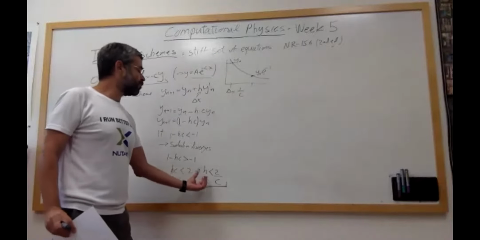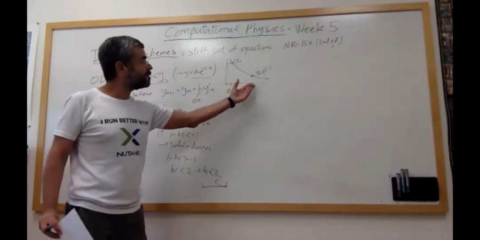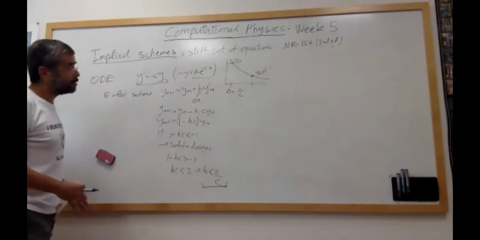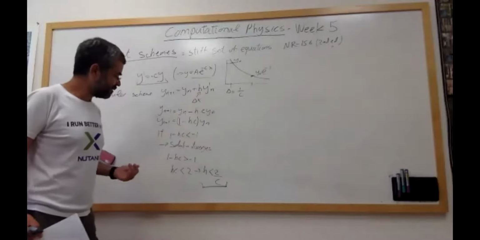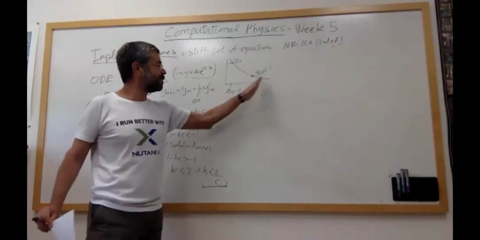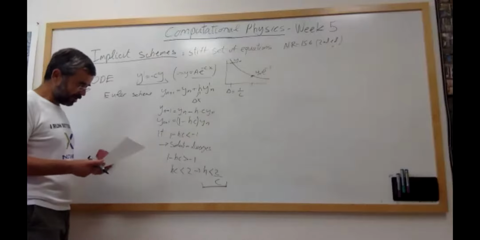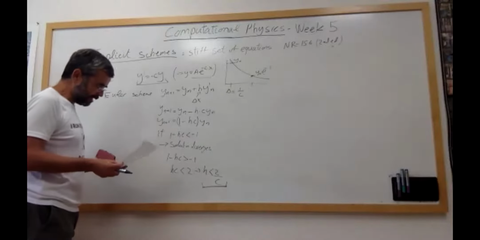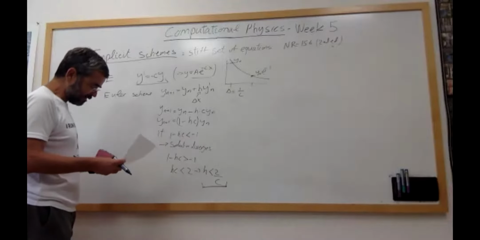So you don't want to use a time step which is larger than this exponential drop time step. This example is somewhat trivial, because you obviously wouldn't use such a huge time step when you solve such an equation. But it just shows that in principle it's going to be unstable.